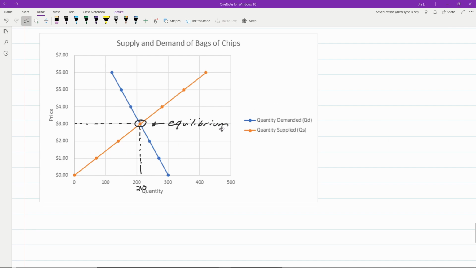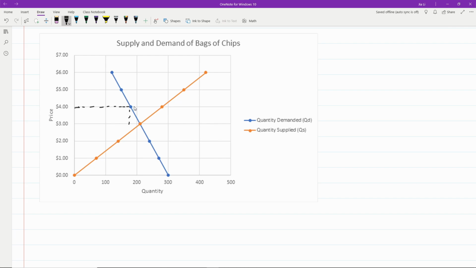Okay, now what if the price was something other than $3? Let's clean this up a little bit. There we go. Let's say the price was $4. We can analyze this situation on the graph too. We just have to look at where the $4 is. Here, we cross the blue line for the demand curve.